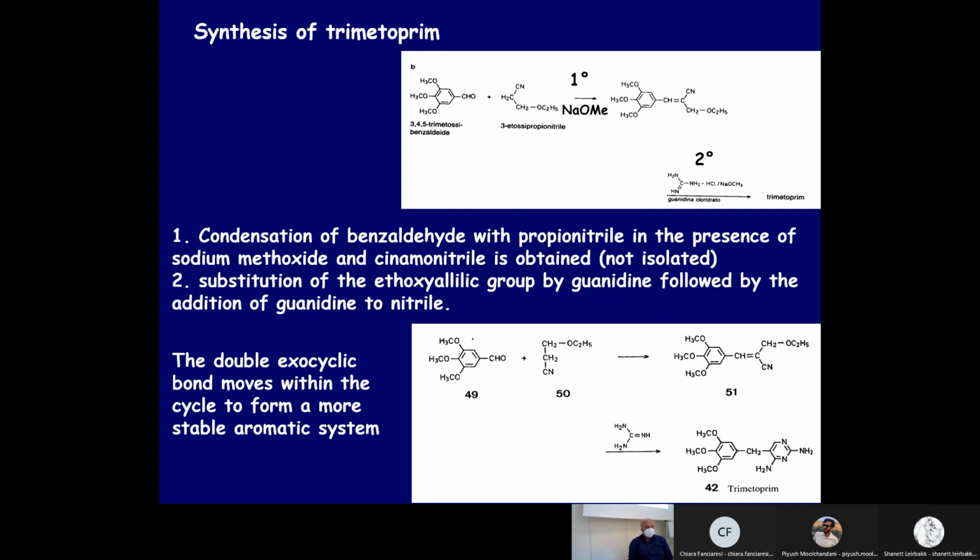The last point of today is the synthesis of trimethoprim. It is a very easy synthesis. You see only 2 steps. It's not so difficult.